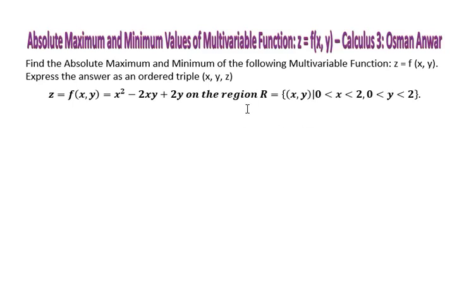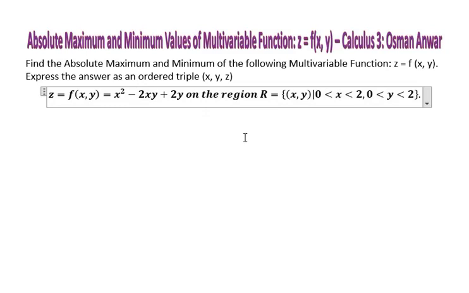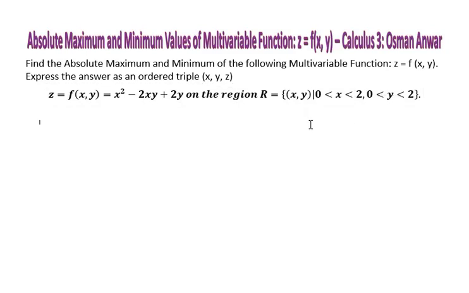So we are keeping this problem simple, a simple multivariable function and a simple region between 0 and 2, because we want to focus on the process, on how to solve it step by step.